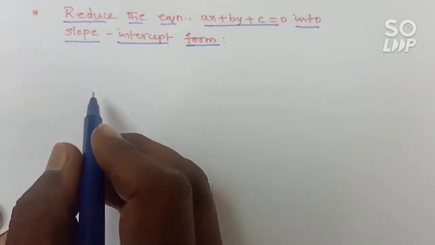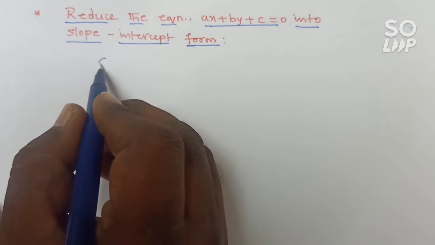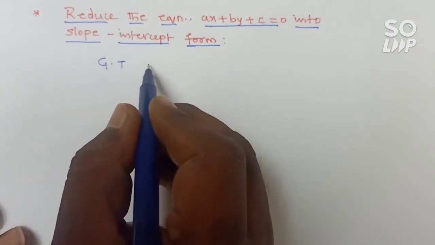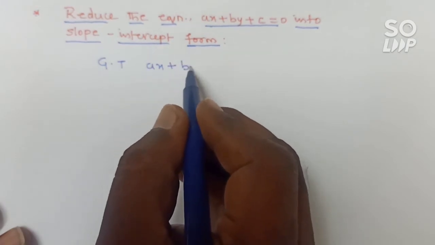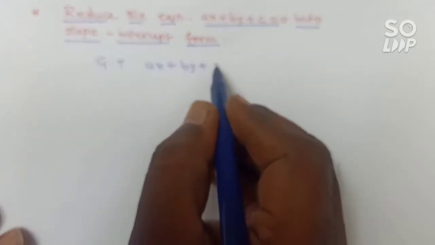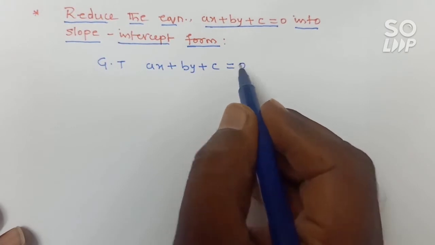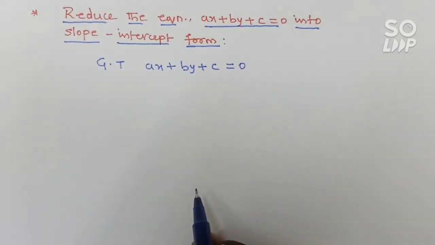First of all, you write the given equation: a into x plus b into y plus c is equal to 0. This is the given equation.